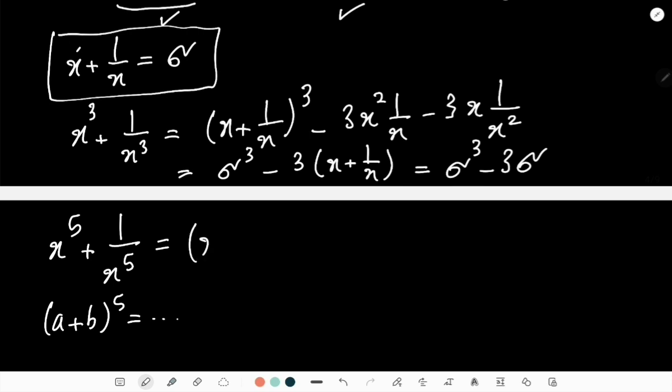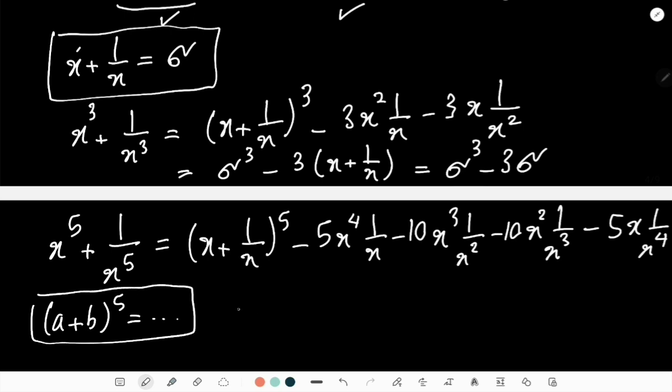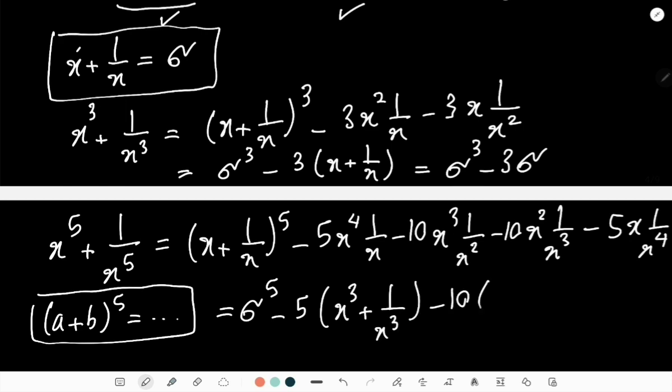So this is x plus 1 over x to the power of 5 minus 5x to the 4 times 1 over x minus 10x cubed times 1 over x squared minus 10x squared times 1 over x cubed minus 5x times 1 over x to the 4. Okay, and then again, this can be written as sigma to the power of 5 minus 5 times x cubed plus 1 over x cubed minus 10 times x plus 1 over x.